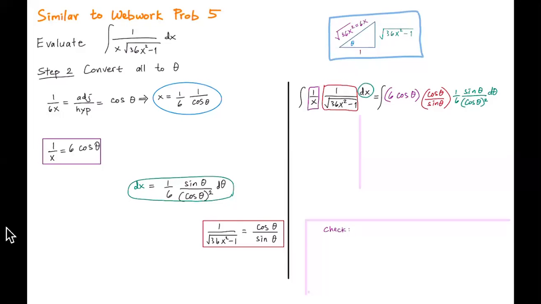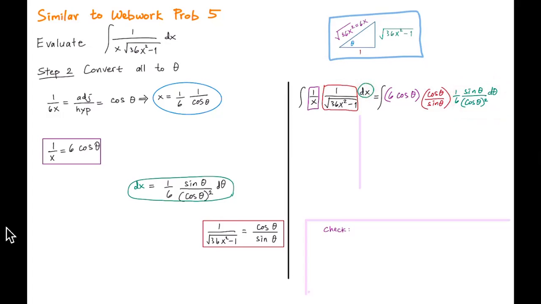All right, so now I've done the substitution. I replace 1 over x with 6 cosine theta, and I replace this expression with cosine theta over sine theta, and I replace dx with this expression.